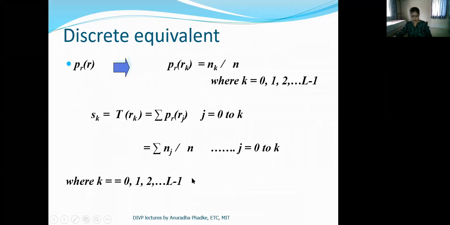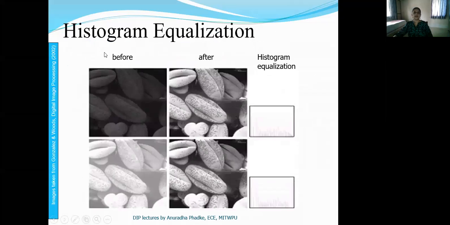Okay. So this is the effect of histogram equalization. Say we have a dark image where the histogram is concentrated in the lower one third part. When we apply histogram equalization, we get an image which has very good contrast.